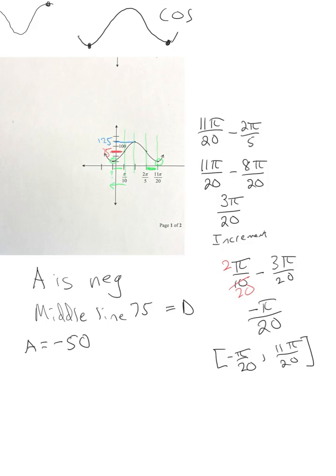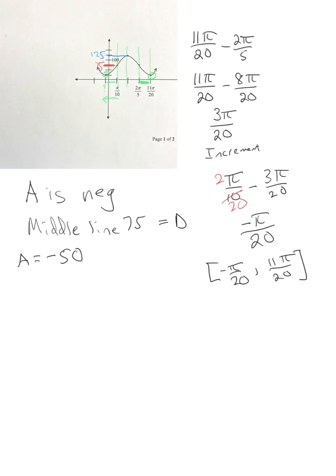It's an upside down cycle because of that a coefficient being negative, but nonetheless one cycle completed in that interval. So that's going to help us find the period. Remember the period, if that's a and b, would just be b minus a. So you find the difference.